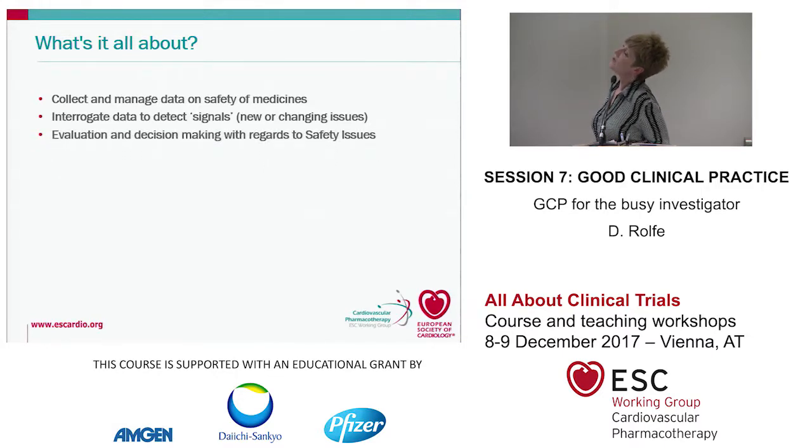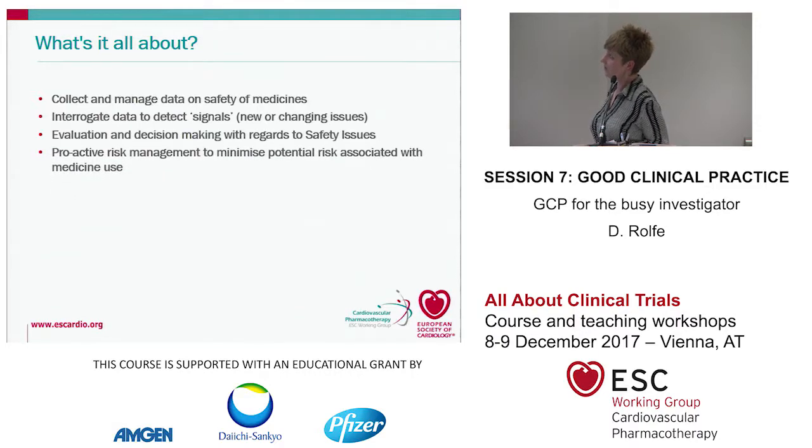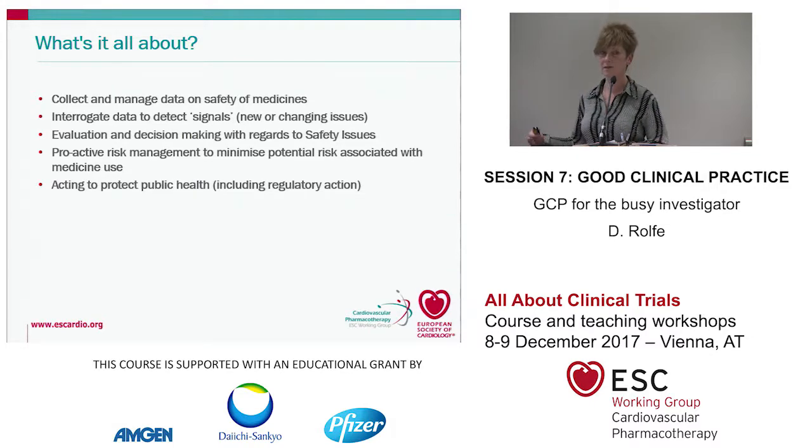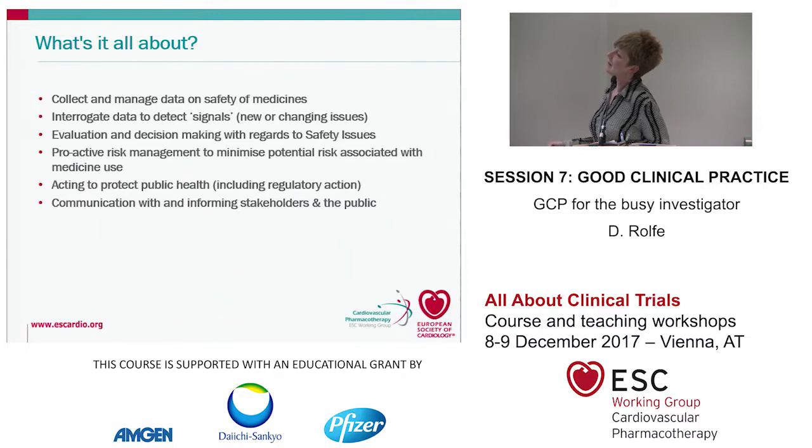It's the evaluation and decision-making with regards to those safety issues. It's proactive risk management to minimise potential risks associated with the drug use. And obviously, you're acting to protect public health and against regulatory action. It's communicating with and informing the stakeholders and obviously the public.